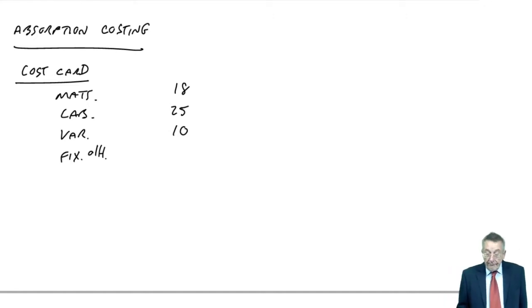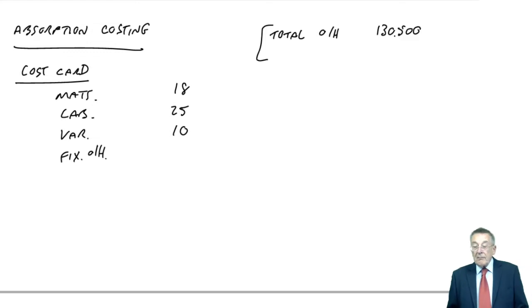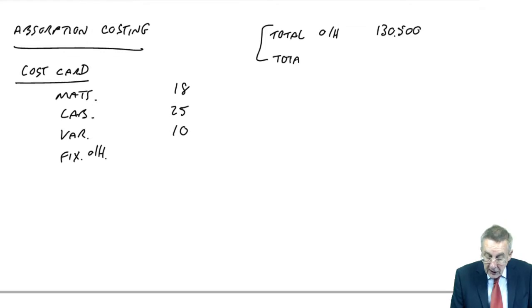Now then, probably, for the full answer, they'll have been absorbed on an hourly basis. So let's work out the absorption rate. The total overheads were 130,500. If we're going to absorb them on the basis of labour hours, we'll divide by the total budgeted labour hours.